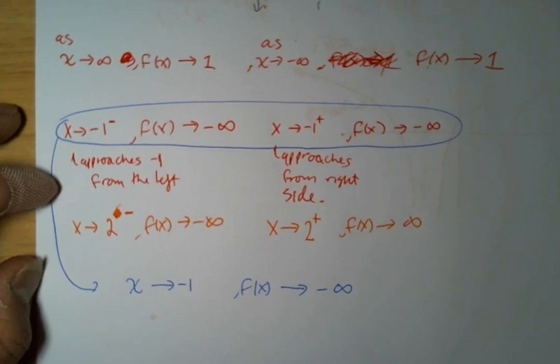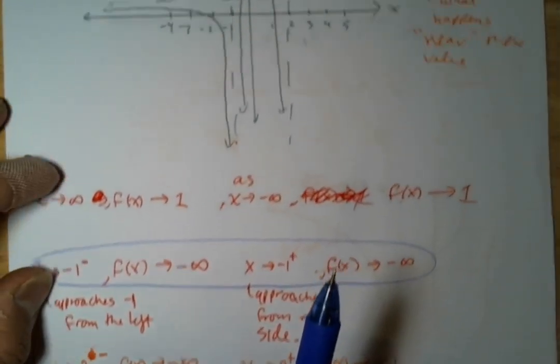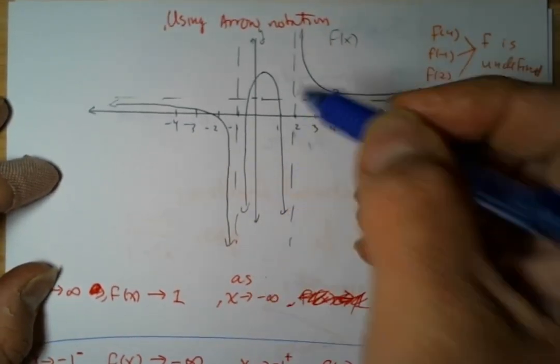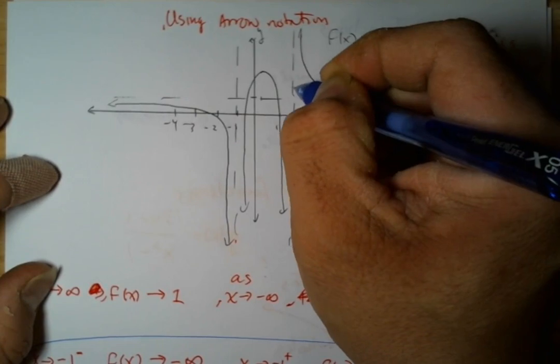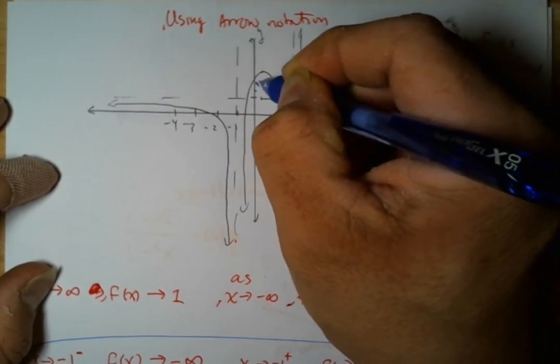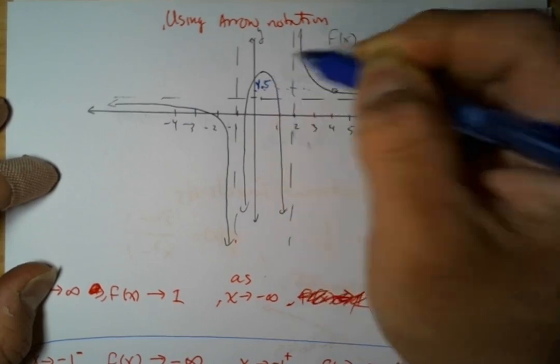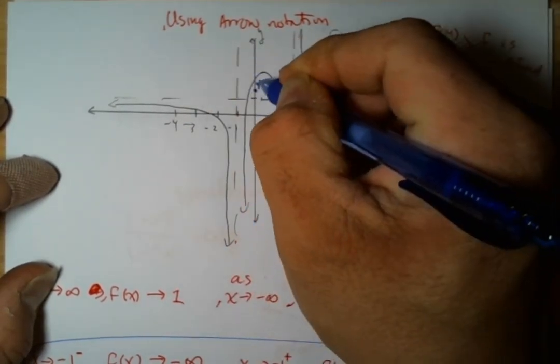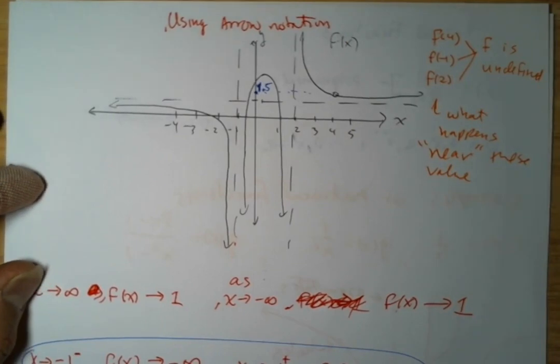All right, now, the last thing to describe with our arrow notation is this hole in my graph. I didn't make it clear here, so let's call this value 1.5. Not to scale, but we'll just call it 1.5 to make things easy.